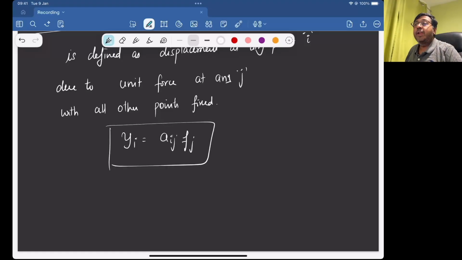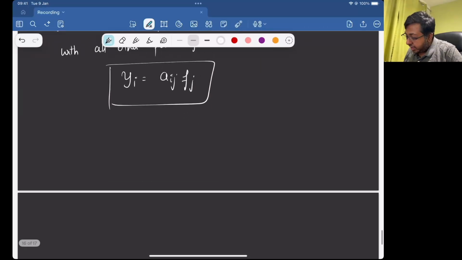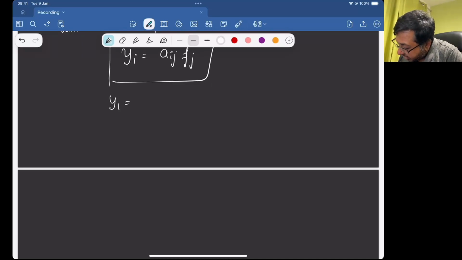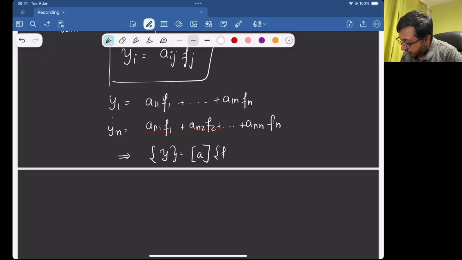We'll see why it is very interesting to use the flexibility coefficient rather than the stiffness coefficient. Similarly, like earlier, we can write y1 equal to a11 into f1 plus so on plus a1n into fn. Similarly, I can write yn is an1 into f1 plus an2 into f2 plus so on plus ann into fn. Or I can recast this again as a matrix equation as y equal to A into F, right?